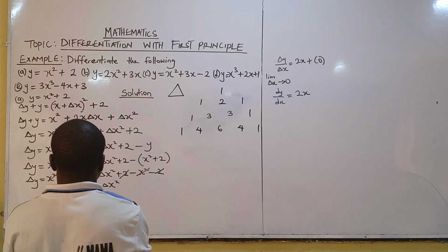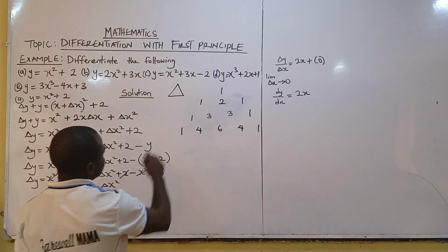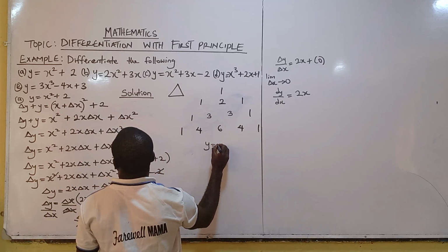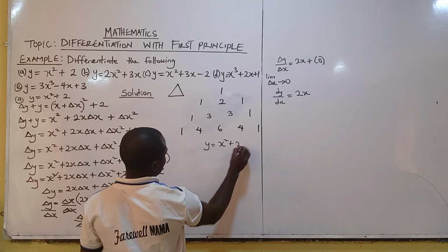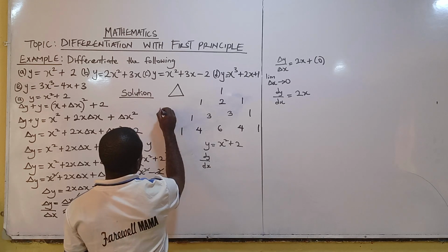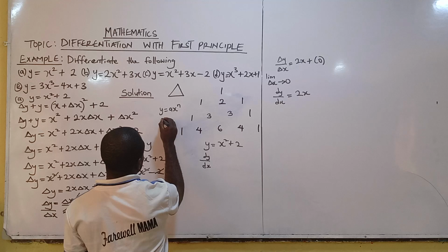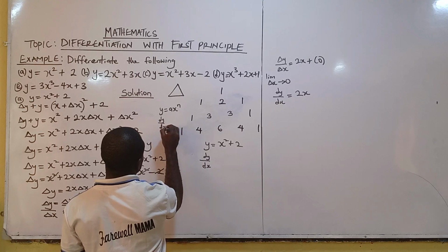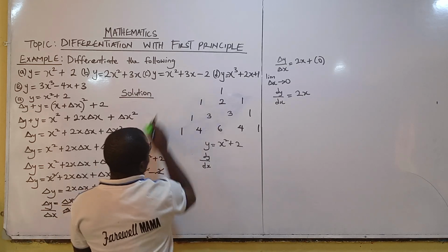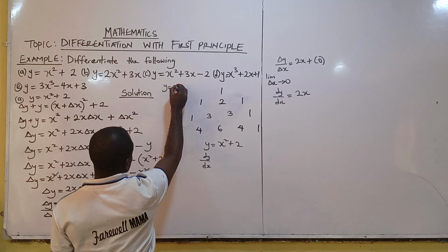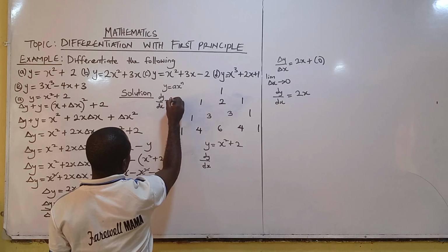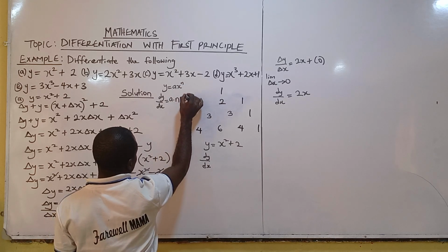Okay? Now, what we need to do, let's confirm with the general method. Let's differentiate y equals x squared plus 2, dy over dx. I told you that we are using y equals ax raised to power n, dy over dx equals a multiplied by n comes to the front, x to the n minus 1.